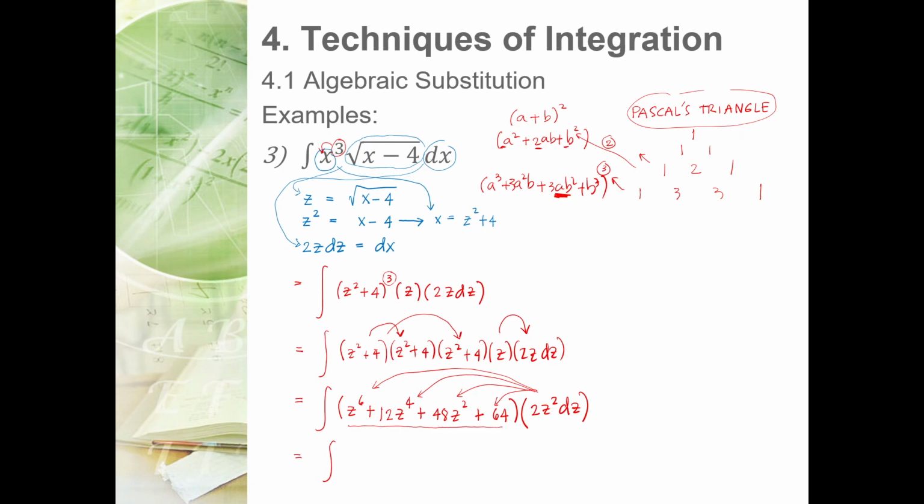So it's going to be 2z to the power of 8 plus 24z to the power of 6 plus 96z to the power of 4 plus 128z squared, and then dz.